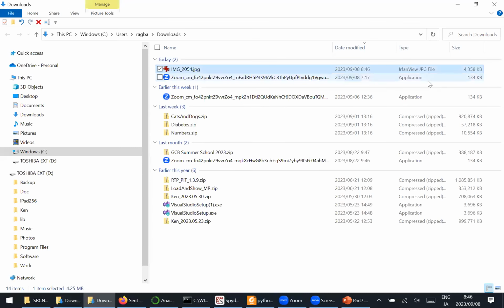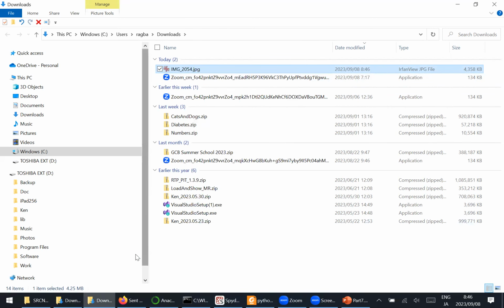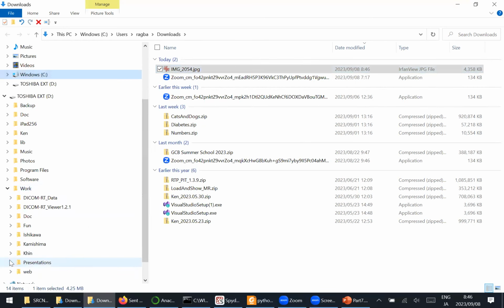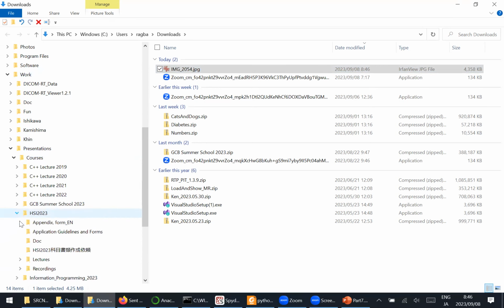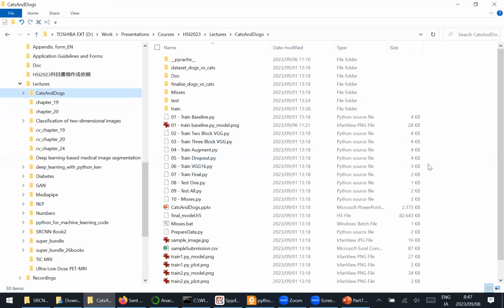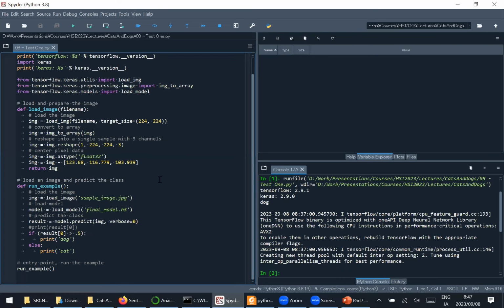Okay. The image 2054. So I'm going to cut. And then I'm going to come down here. Courses. Lectures. Cats and dogs. I'm going to paste it into this folder. Then I'm going to come back.